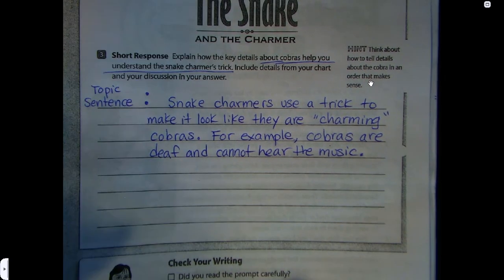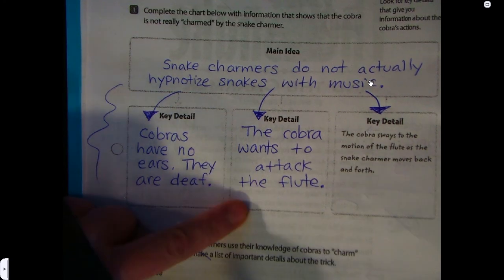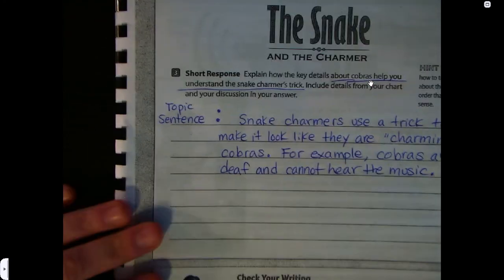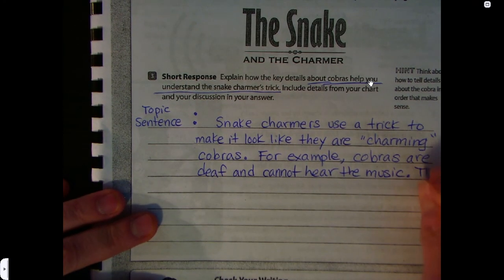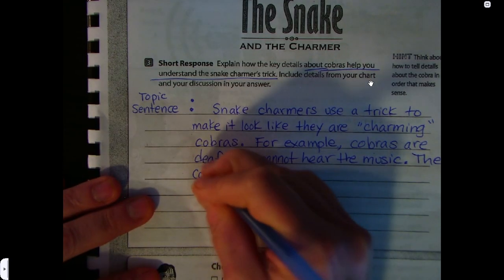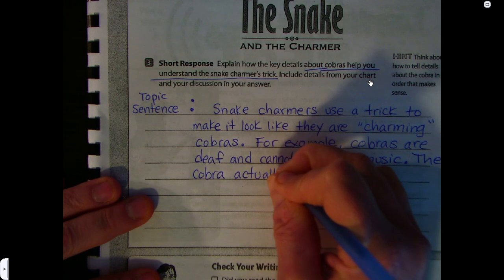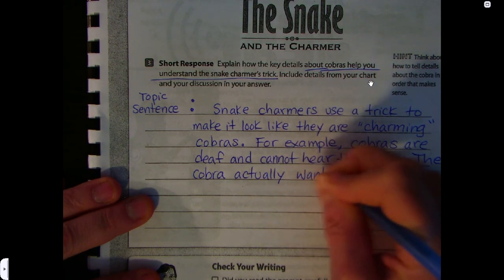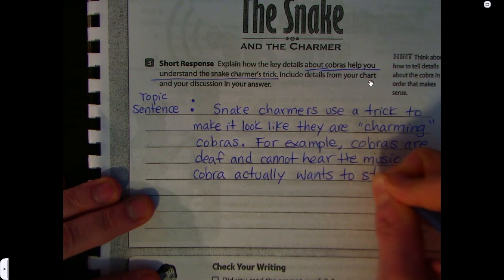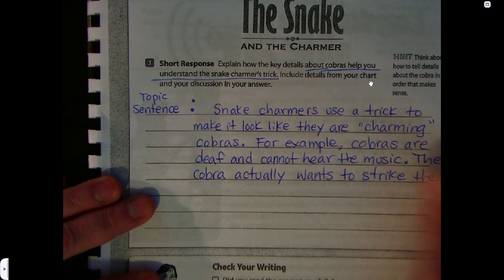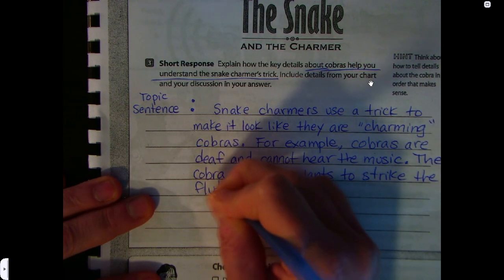That's number one. The cobra actually wants to strike the flute. That's my second detail.